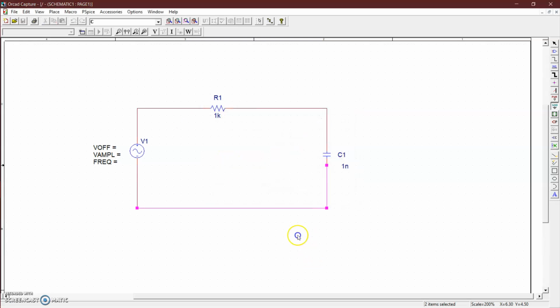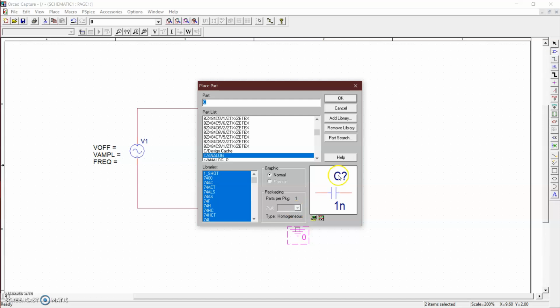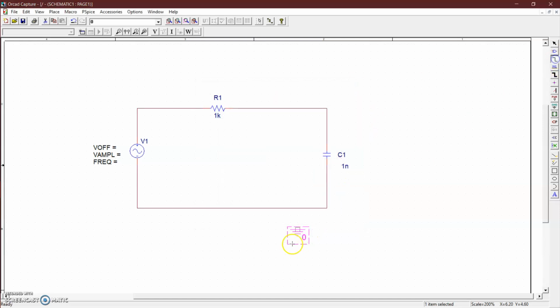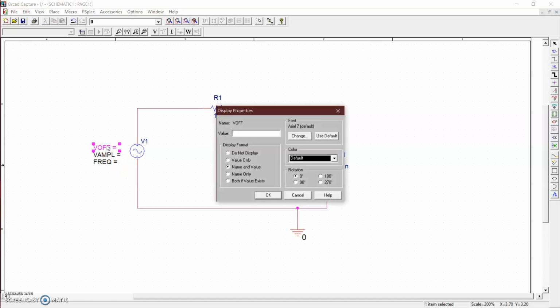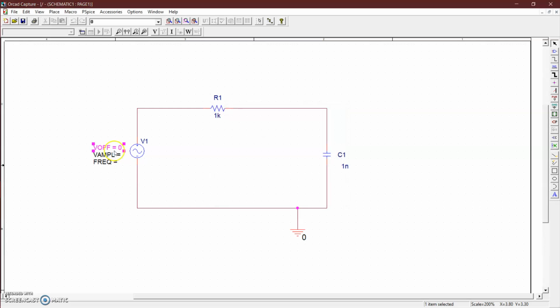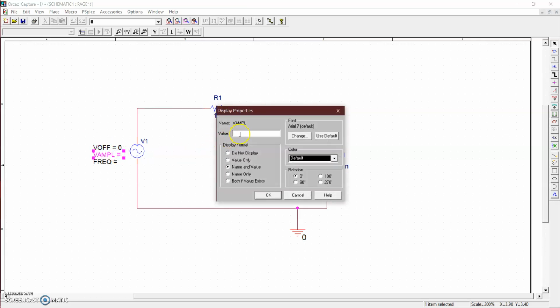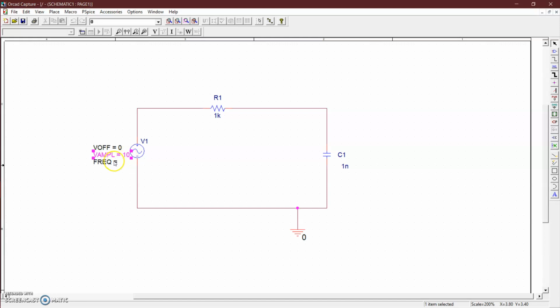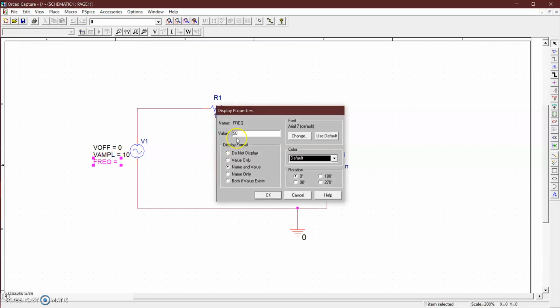Don't forget to connect the ground as well. Now say I have this value. Let's make the offset value 0 volt. Let's make the amplitude of my sine wave 10 volt, and the frequency is 50 hertz, that I was saying.